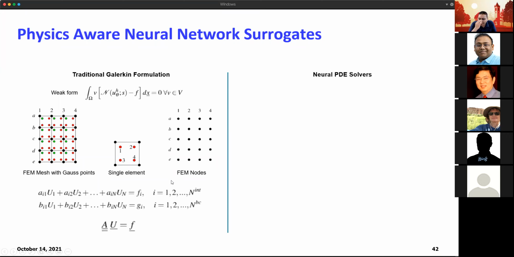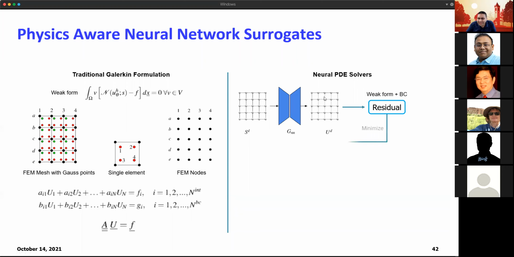On the other hand, in a neural PDE solver you map the input parameters to an output, but then you create the loss function as the residual of this weak form, along with some boundary condition information, and you minimize this using stochastic gradient descent or any other training approaches.